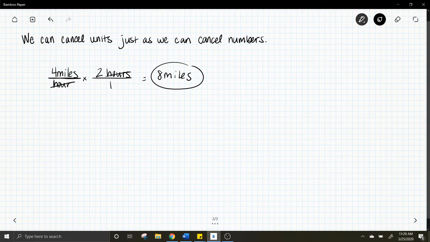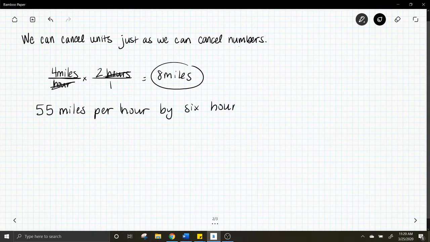So let's just jump right into an example. So anywhere you see in a numerator and denominator a pair of a unit, you can cancel those. So example 1, multiply 55 miles per hour. I'm going to write it out just like you see it in your book. Miles per hour by 6 hours.